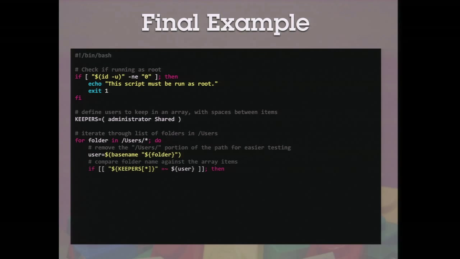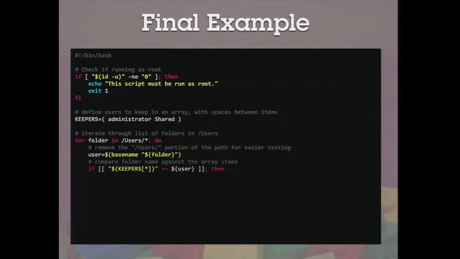So after this section, since I'm iterating through all the folders, I want to test if it's one I want to keep or one I want to delete. So this right here is how you access items in an array to test against.